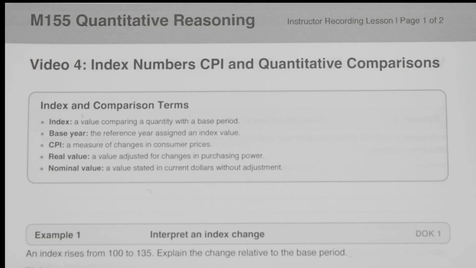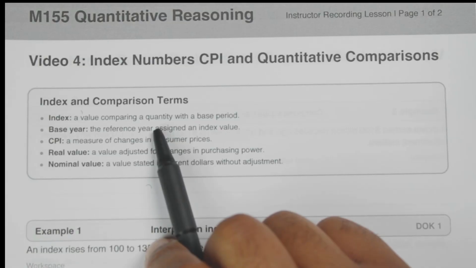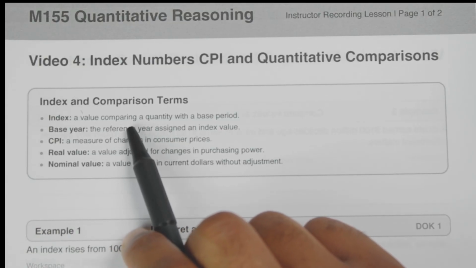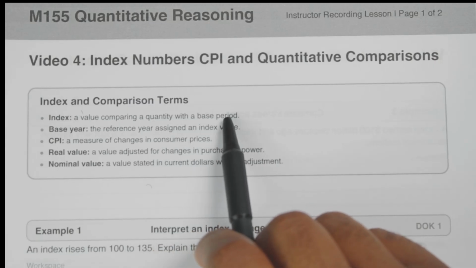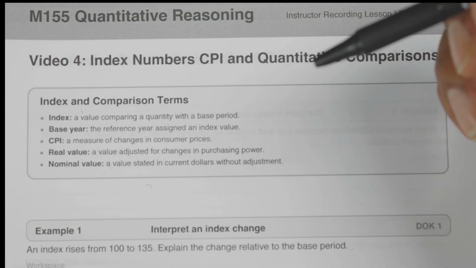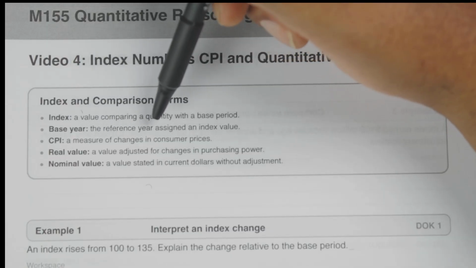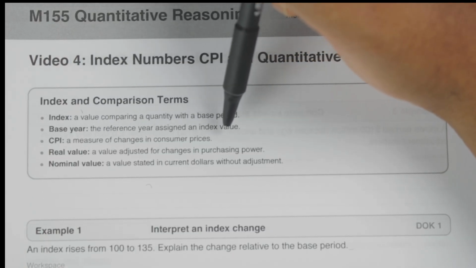So let's begin with the index and comparison terms. An index is a value that compares a quantity with some base period. A base year is the reference year assigned an index value.